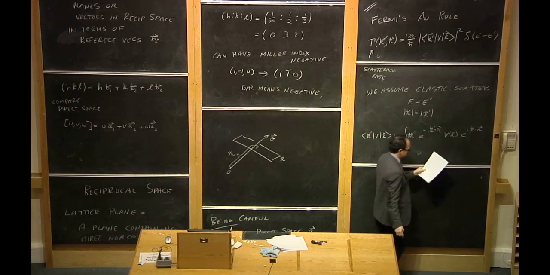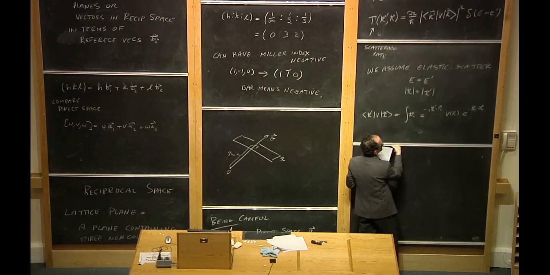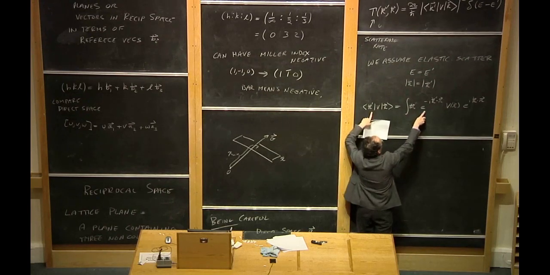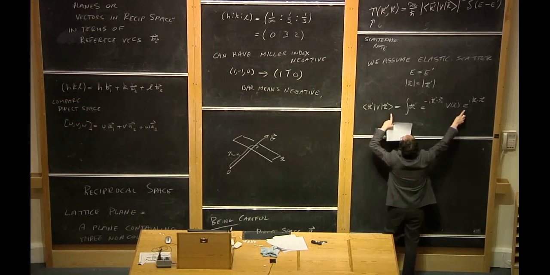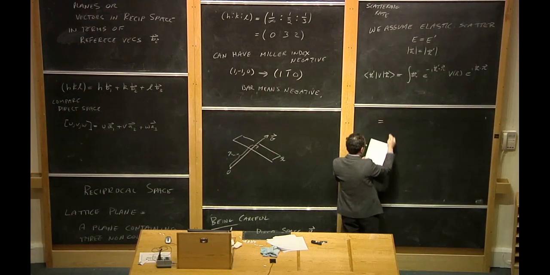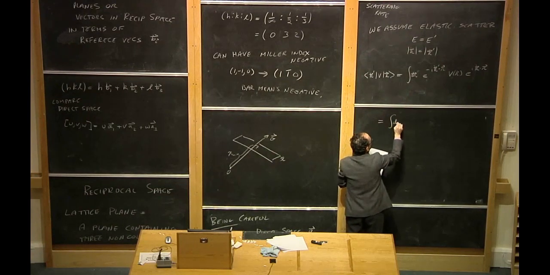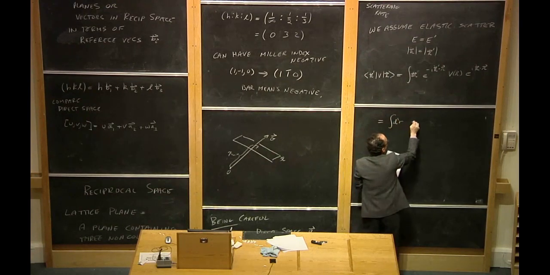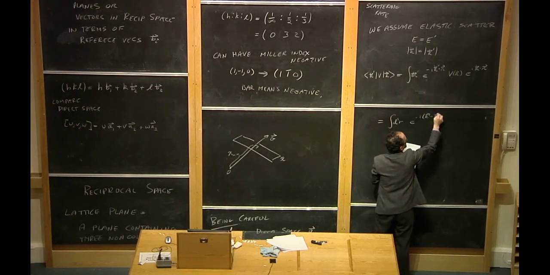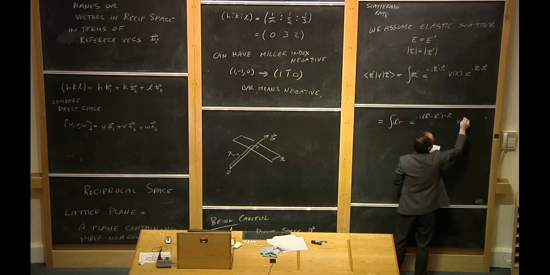Do I have the signs right? Yeah, okay. And if you were careful, we would normalize this by 1 over square roots of volumes. This is the wave function k prime. This is the wave function k. There's V of r in the middle. And we realize that what that is, well, we'll write it this way: the integral d3r of e to the minus i k prime minus k dotted with r, V of r.